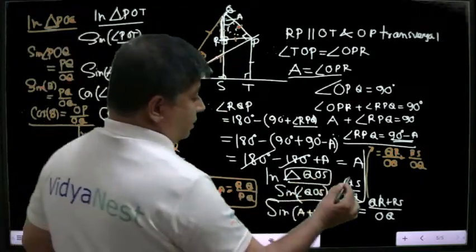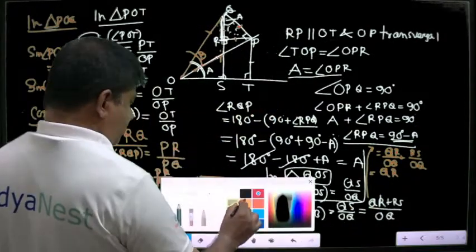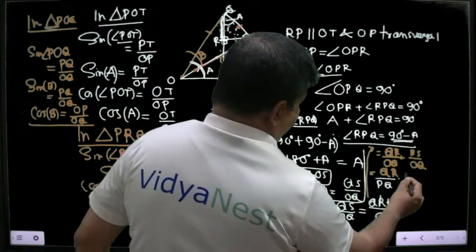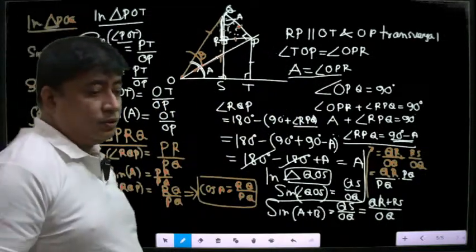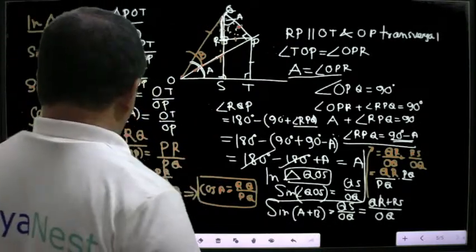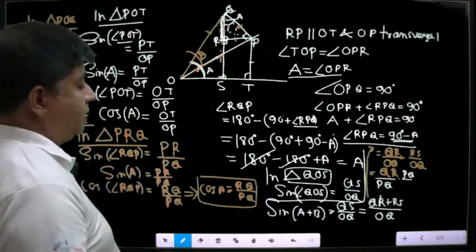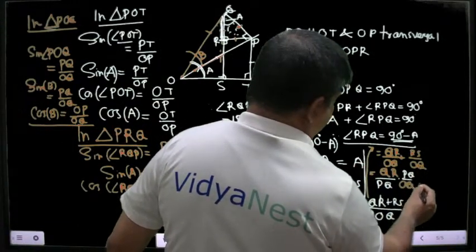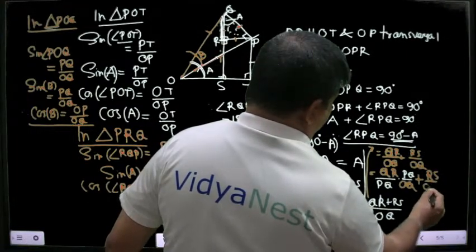So to use that, you write QR by PQ into PQ by OQ plus RS by OQ.